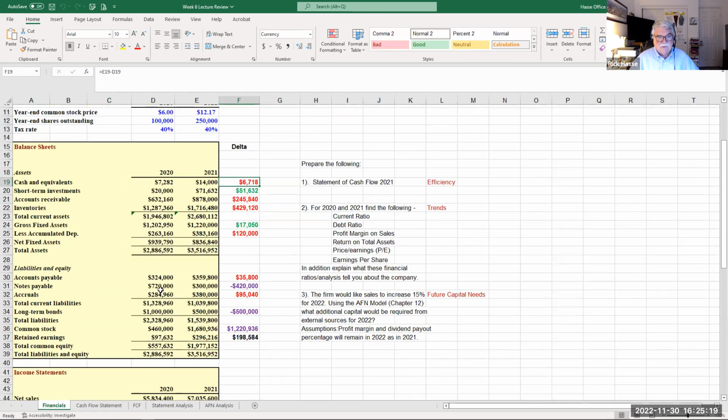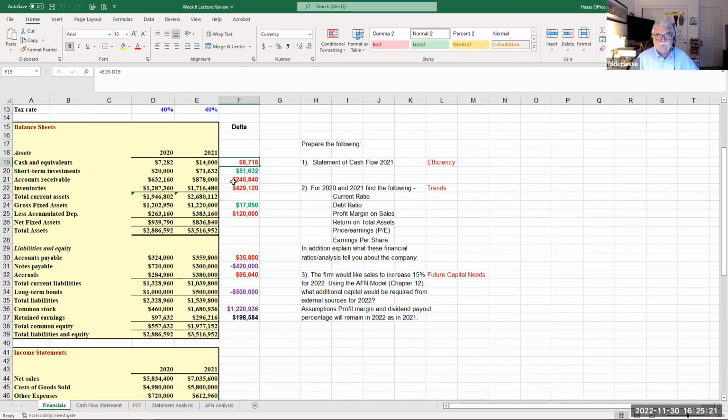Their accounts receivable balances increased by $246,000 in 2021. Their inventories increased by $429,000. That is considered negative cash flow. Why? Because we made some sales on billed sales and we haven't collected the money yet.